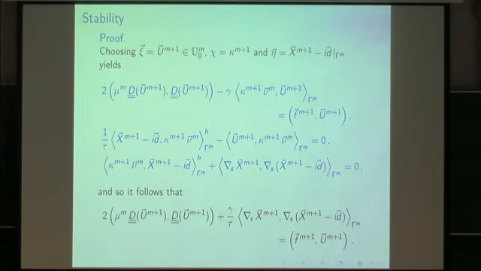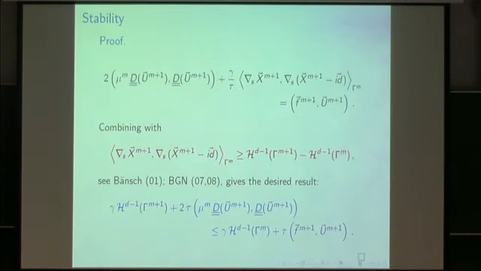Now in numerical analysis, that's a well-known term which you can rewrite as a difference of surface areas in an inequality. You can bound this from below by the difference of the surface areas of these two interfaces, which you can, for instance, find in the paper by Barrett and co-authors. Combining these two, you get exactly the stability bound. So that proves that our numerical method is unconditionally stable.